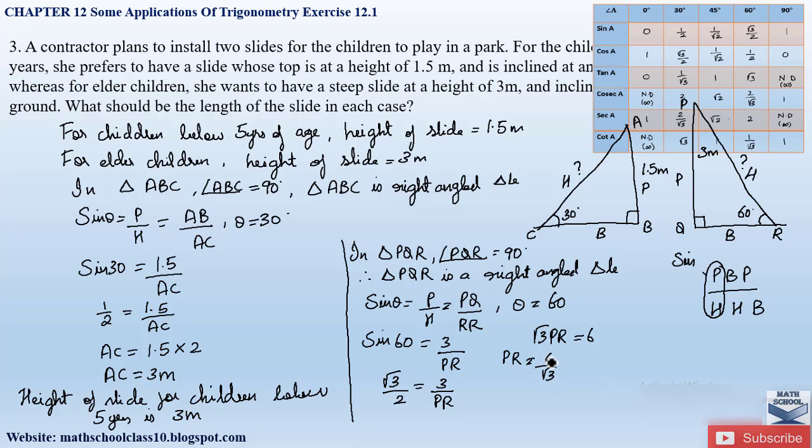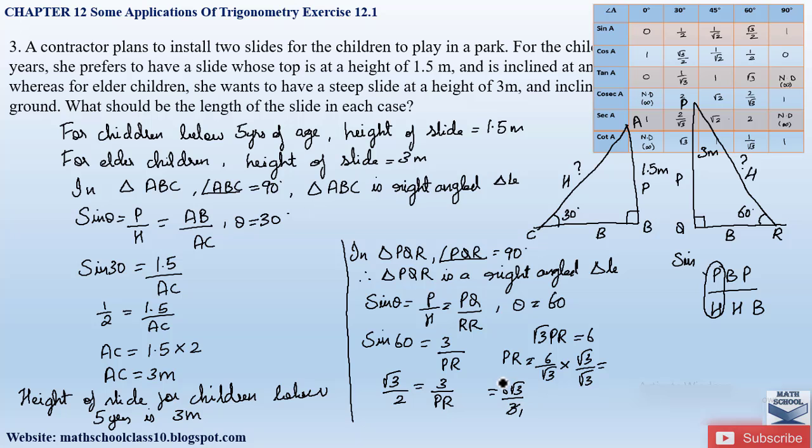So in the denominator we have obtained a root number. Always remember, in the denominator you should never keep a root number, which is not the correct answer. So we will rationalize to remove this root number. To rationalize, we have to multiply and divide by the denominator. Here the denominator is root 3, so let us multiply and divide. We will get 6 root 3 divided by root 3 into root 3, which is 3.